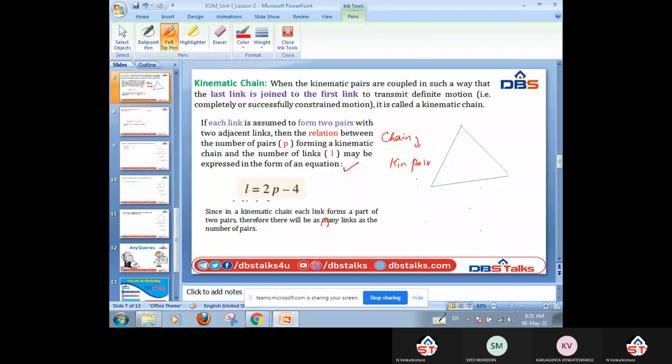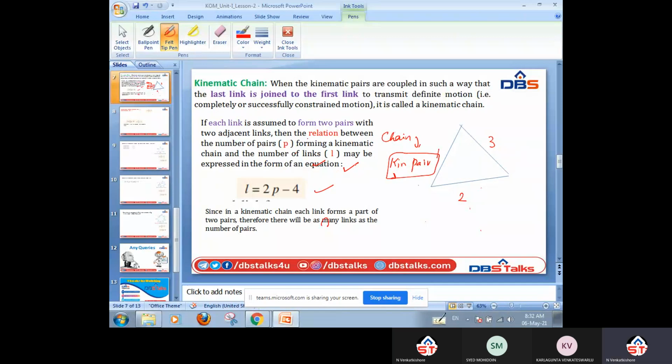That means here it is called as link 1, link 2, and link 3. The relative motion between the number of pairs will form the kinematic chain, and the number of links will be expressed in an equation called L is equals to 2p minus 4. So the kinematic chain is to be a kinematic pair. A successful kinematic pair means it has to satisfy L is equals to 2p minus 4.